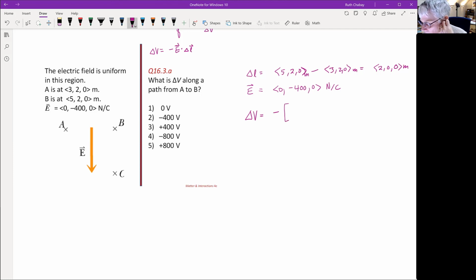So the change in electric potential is minus E sub x delta x. I'll write it this way: a minus 0 times 2 minus E sub y delta y.